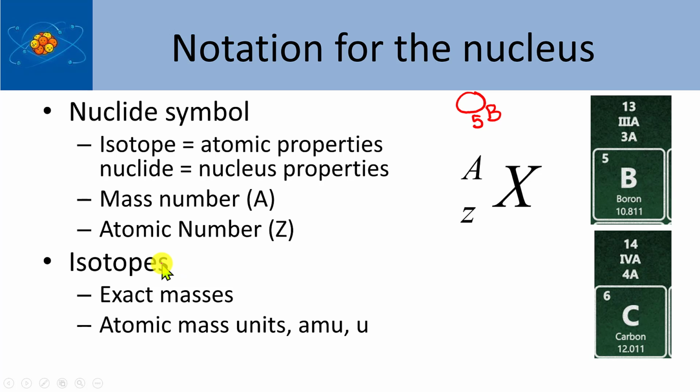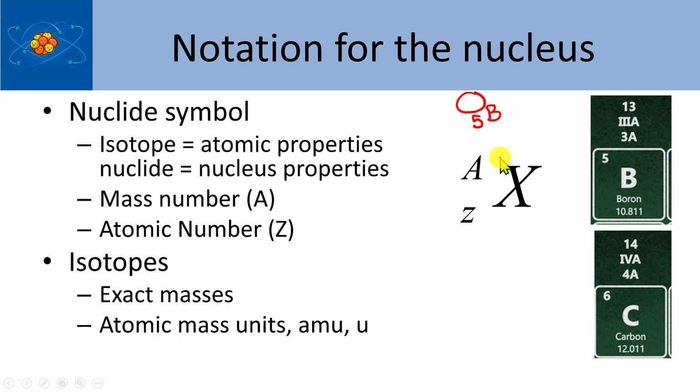And he developed the mass spectrometer, and he was the first person to show that elements of a substance, in his case neon, actually came with different masses, and that mass was attributed to a different number of neutrons. So we have something called isotopes, and for boron, there's actually 2 different isotopes.